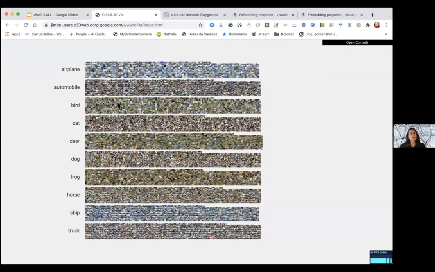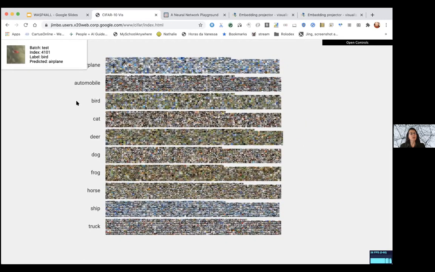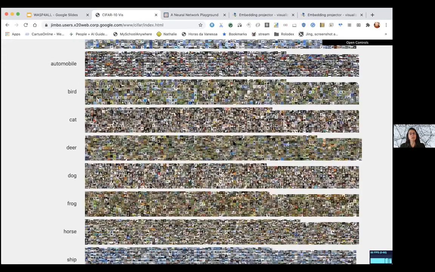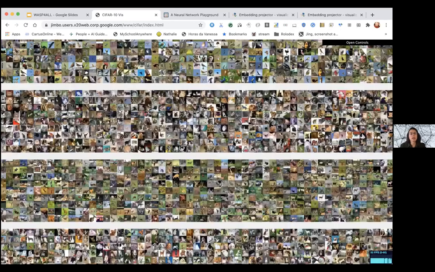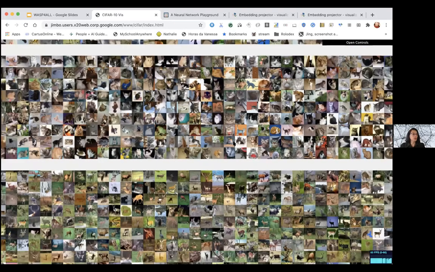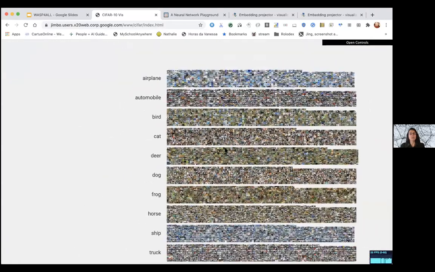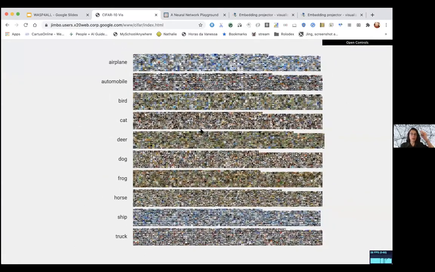And you can see right away that if I start zooming into this visualization, I'm actually showing you the pictures that you have in the data set, divided by class. So you can see the 10 different classes of CIFAR.